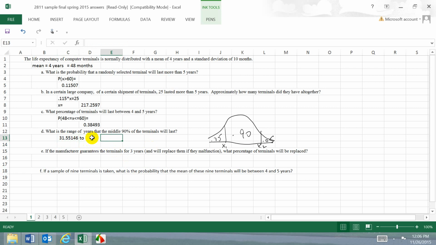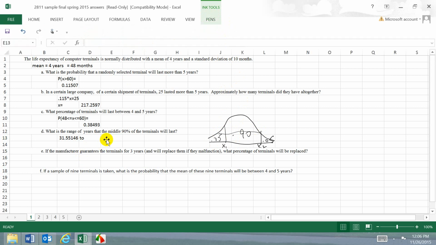What percentage is below x2? Below x2 I've got 95%. The 5 plus the 90, so below x2 I have 95%.